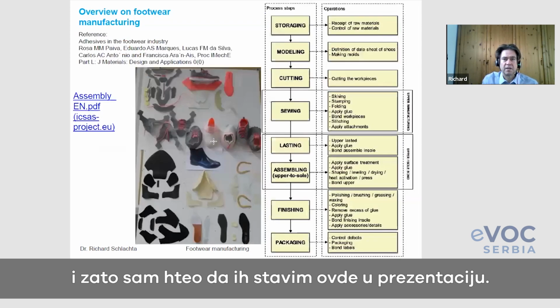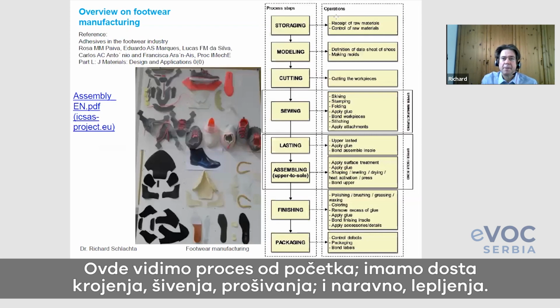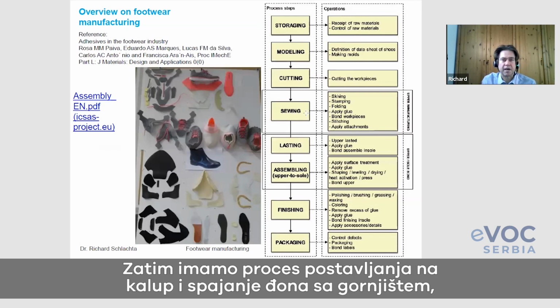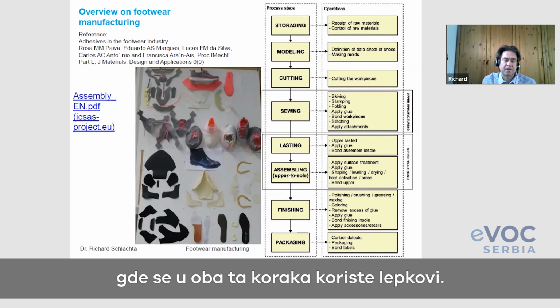So again, when we start, we have of course cutting processes, sewing processes, stitching, and of course, as I told you already, glues are used in that part. Then in the lasting process, we have glues and bondings, and for the upper to sole assembly, we have to apply glues too.